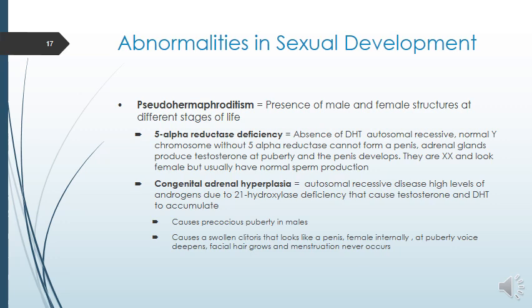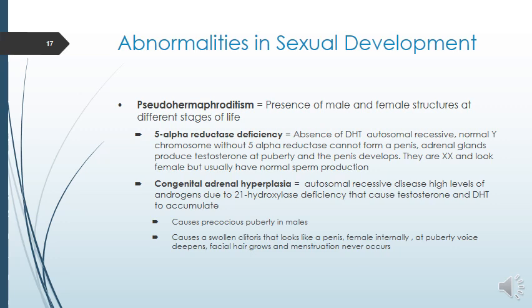At puberty, when the adrenal glands start to produce testosterone, this XY individual, who thought she was a female, starts to exhibit the signs of maleness: a lower voice, growth of facial hair, and her muscles start forming into a masculine physique.